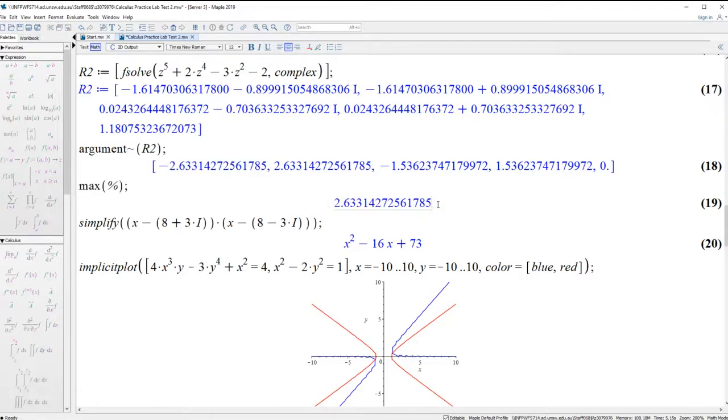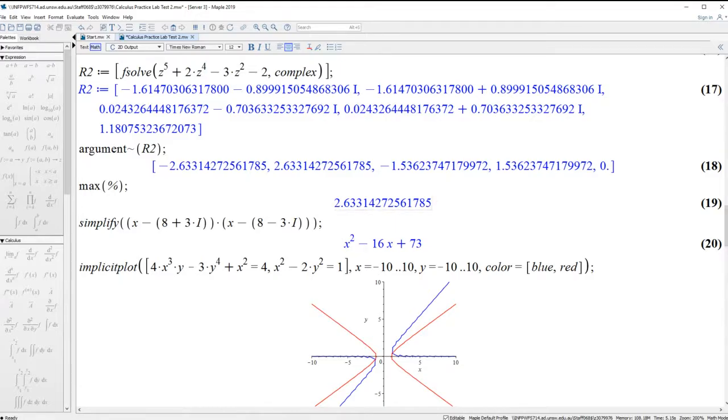You can just pick it out with your eyes, or I just use the max command and it gave me that. Okay, so remember that as a default, Maple gives you the 10 significant figures accuracy. So when you copy and paste this, it's fine. It satisfies the accuracy that the practice test asks you for.